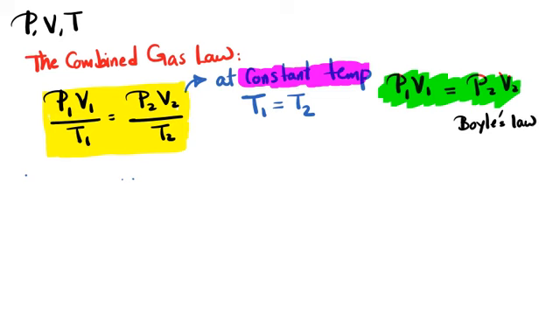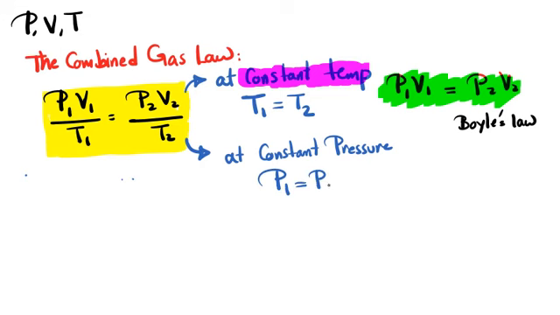How about this one? If we say we are going to study our gases at constant pressure, what does that mean? It means there is no pressure change. P1 is equal to P2. Right now, let me rewrite the equation.